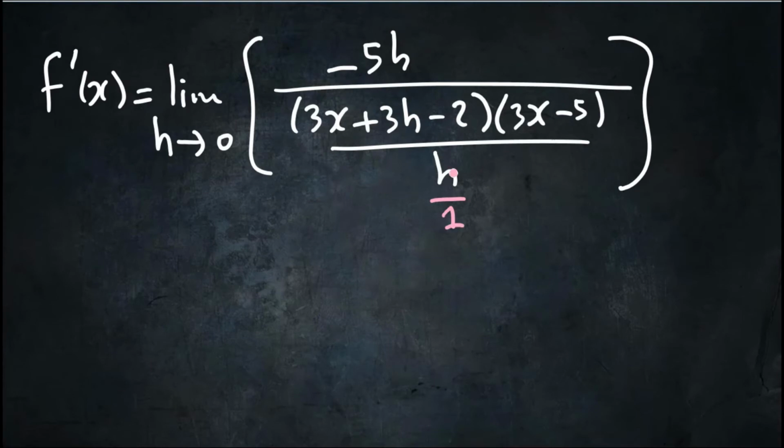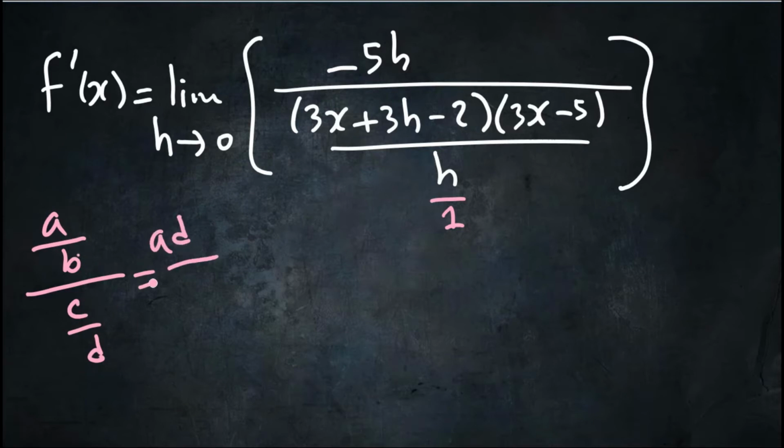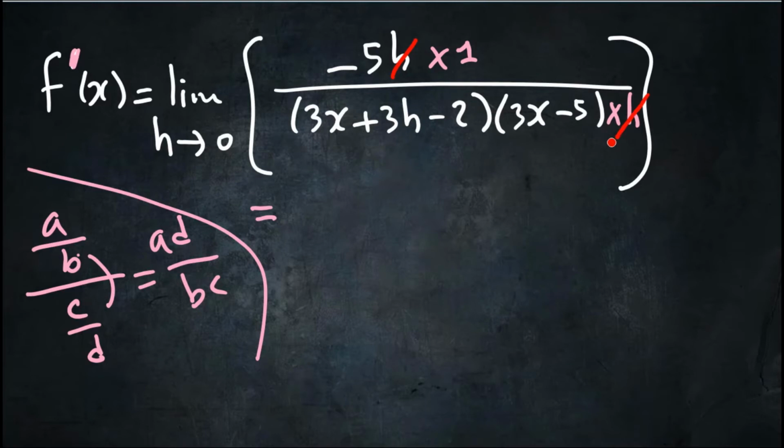Again, this is like h over 1, and a over b over c over d is a times d over b times c. So minus 5h times 1 over this times h. So this times h. And we cancel out the h.